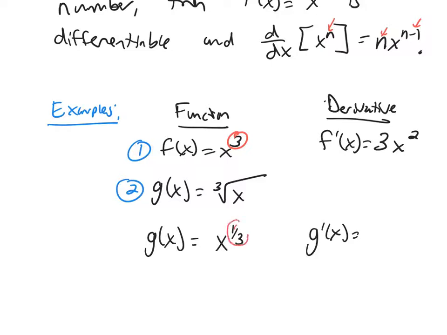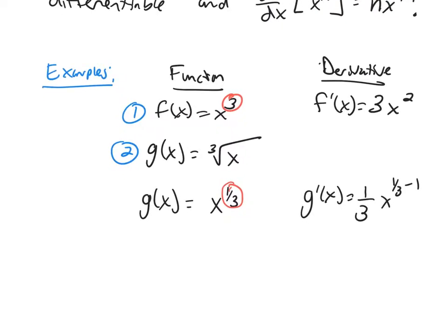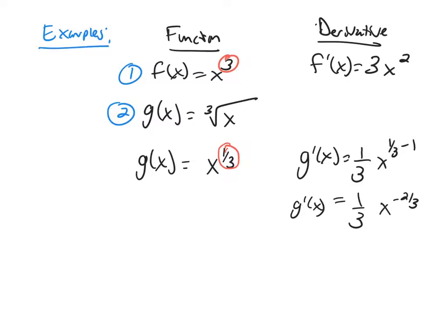Take my power, 1/3, bring it down in front, and then it'll be 1/3 minus 1, or a negative 2/3. You can leave it like that if you want, or you could move it to the denominator and write it with a positive power, x to the 2/3.